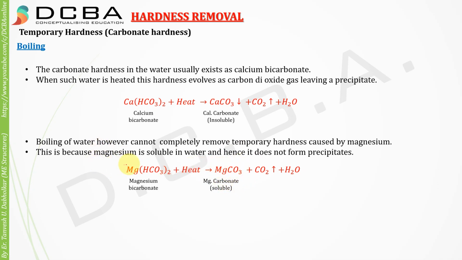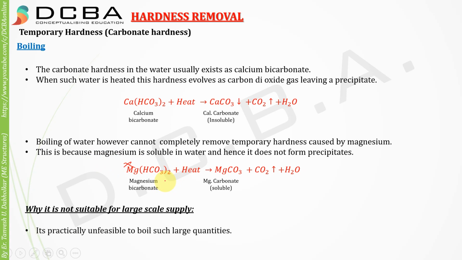That is why boiling cannot remove magnesium bicarbonate. Why is it not suitable for a large scale? Boiling needs a lot of heat, and on a large scale, first of all, it cannot remove the magnesium bicarbonate. Secondly, to produce such a lot of heat you need a lot of energy, which is not feasible and not suitable as well.